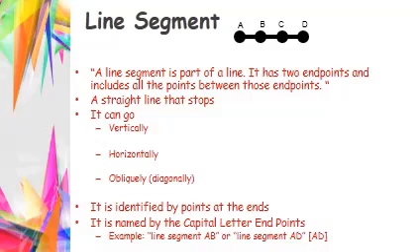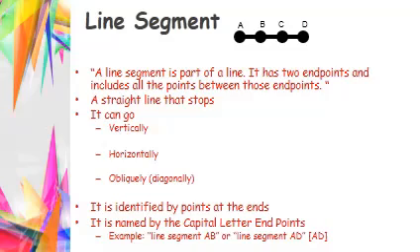What's a line segment? A line segment is a part of a line, but it has 2 endpoints, and it includes all the points between those endpoints. What are the endpoints in this figure? The endpoints are A and D.